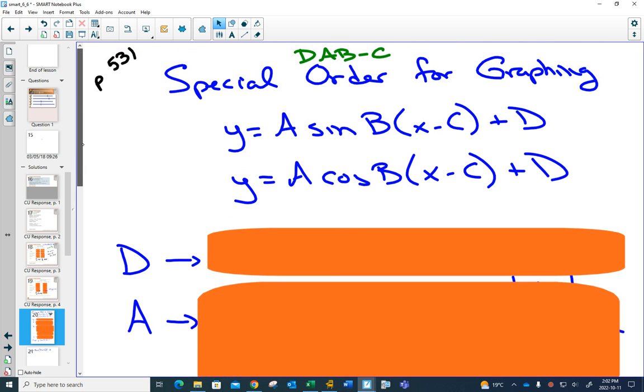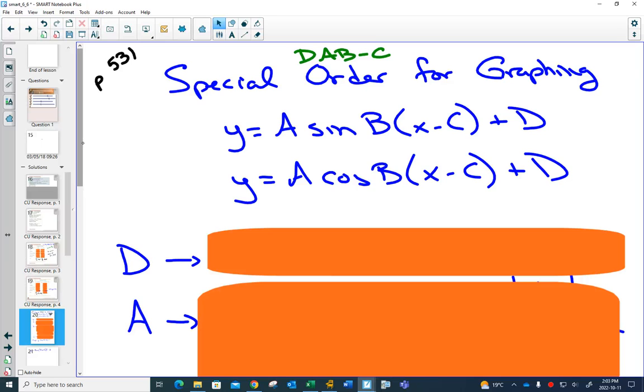Okay. So when we did transformations, we always did our stretches and compressions first, and then our translations afterwards. And that is the proper way to do it all the time. However, with sine and cosine, you can do it as a shortcut by actually starting with your d value.